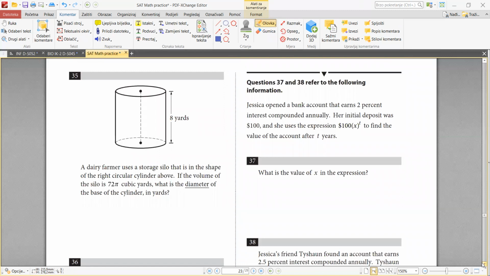35. A dairy farmer uses a storage silo that is in the shape of the right circular cylinder above. If the volume of the silo is 72 pi cubic yards, what is the diameter of the base of the cylinder in yards?